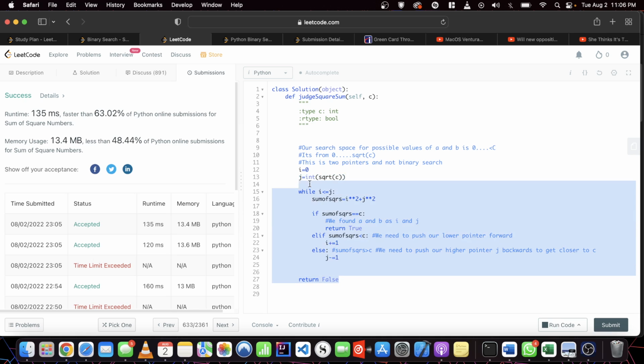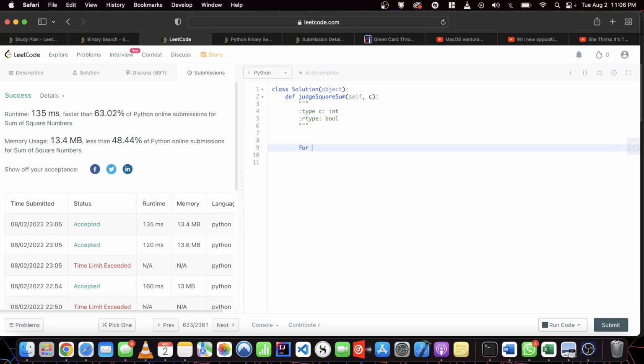Otherwise, there's another solution, which is brute force. Let's just look at the brute force solution. For i in range c, for j in range c, if i squared plus j squared is equal to c, then you return true, else you return false.